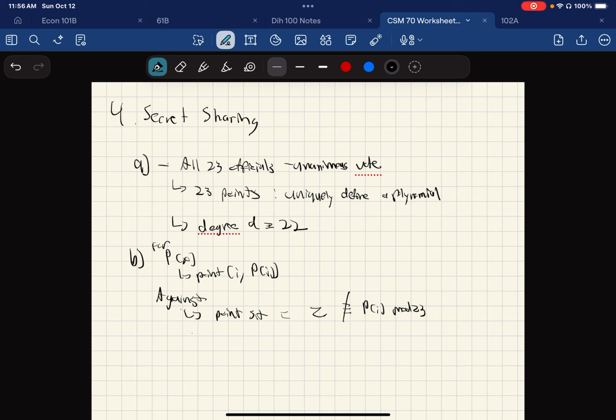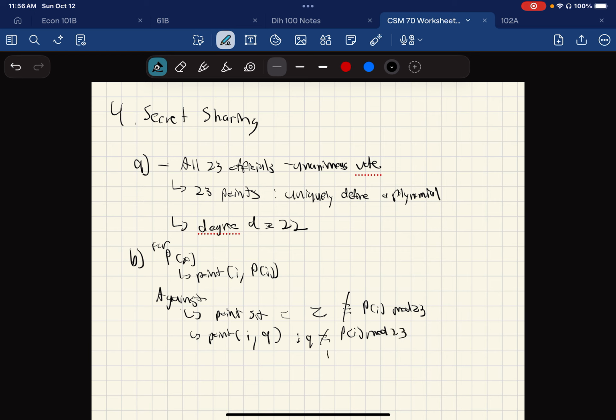So they should send in a point I, which would correspond to their member number, and then, just to be consistent with the answer sheet, say Q, where Q is not congruent to P of I mod 23.